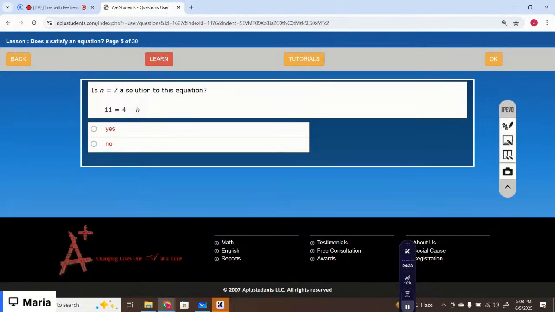Is h equals 7 a solution to this equation? Which is the correct option?